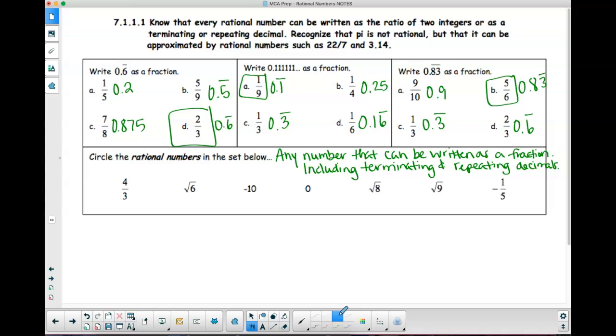I'll give you a second to write. Any number that can be written as a fraction, including terminating and repeating decimals.